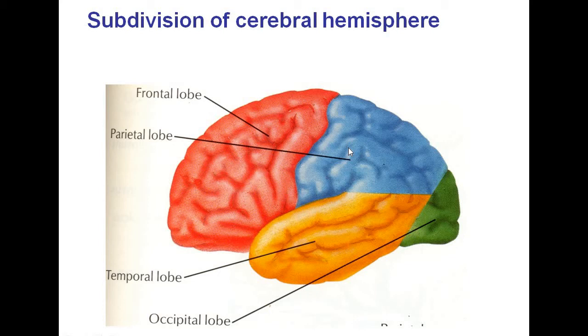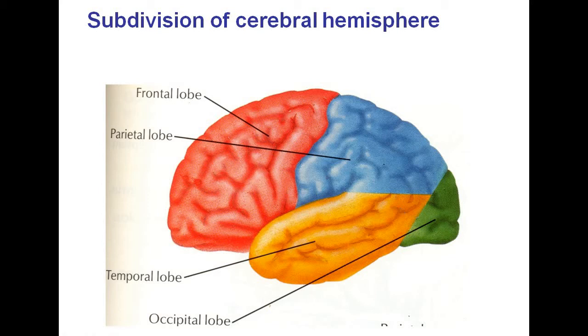The lateral sulcus separates the orbital surface and the tentorial surface on the inferior surface. And this is the posterior ramus of the lateral sulcus, which separates the frontal from the temporal lobes.